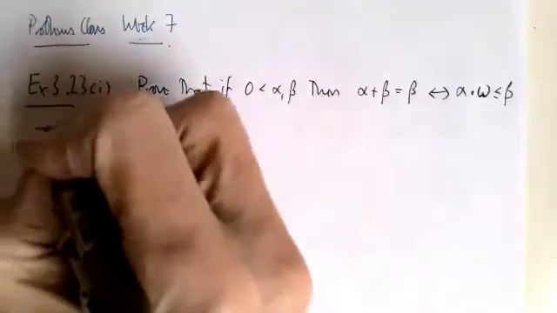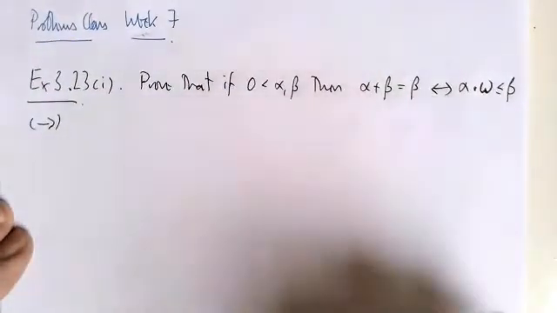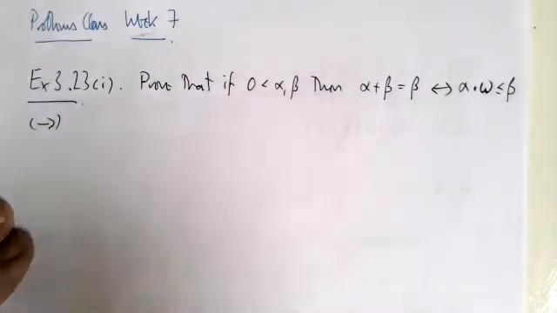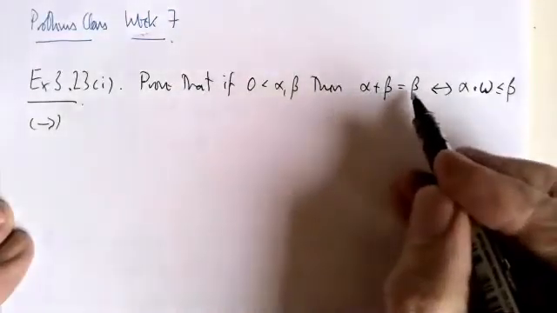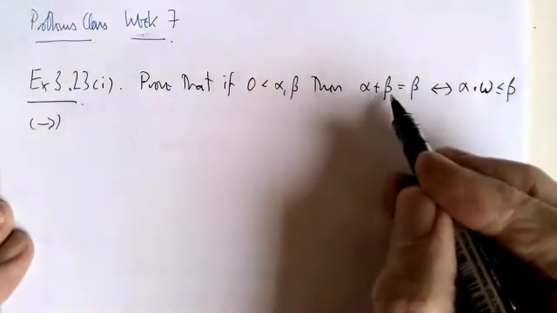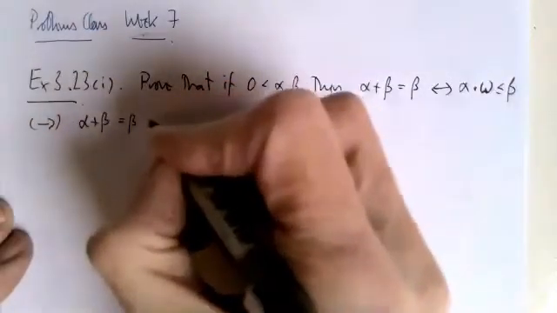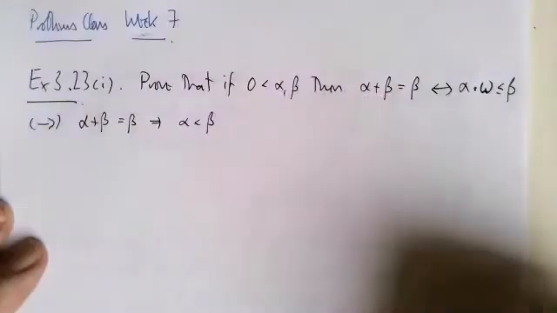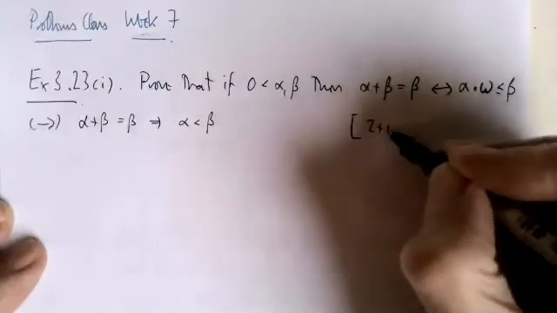Okay, so two directions, if and only if. So if alpha plus beta is beta, that's going to imply that alpha is less than beta. What we've got is a situation like 2 plus omega equals omega.